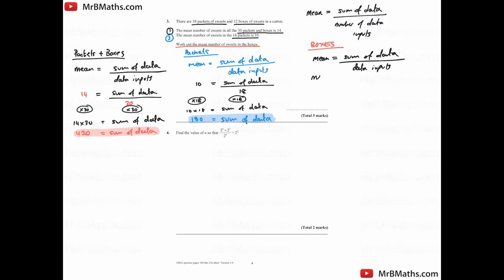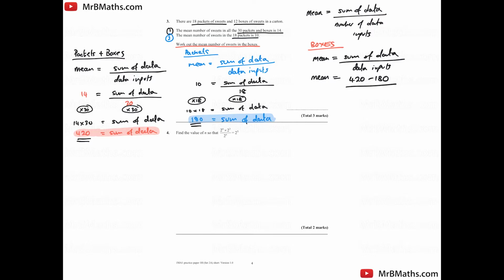So here we've got packets and boxes add up to 420, and just packets alone give 180. So the difference must be the value of the boxes. So we need to do 420 take away 180 over the number of data inputs.